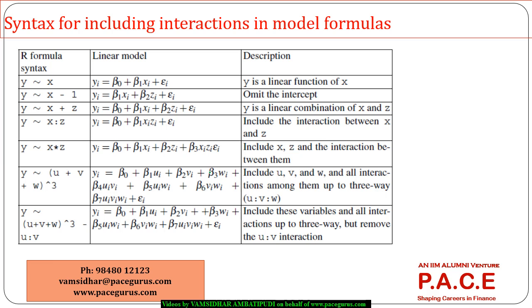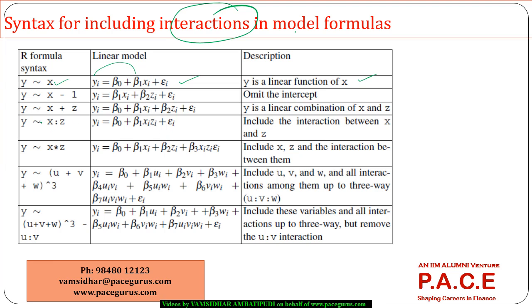Now, when you have to look at the interaction terms in the model formulas, these are the typical ways of including them. These are the different kinds of syntaxes we are talking about when we handle the interaction terms as a part of our model formula. When I simply put y tilde x, I am trying to model the relationship between y and x. Y is a linear function of x.